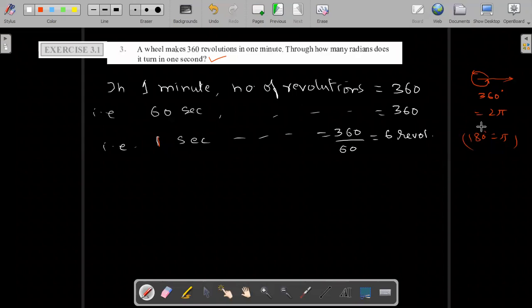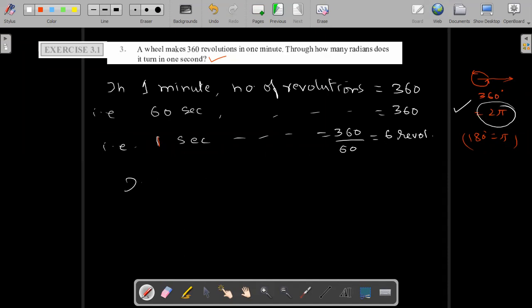If radian, you can write in degrees and then convert into radians. So it is easy because one revolution is a full revolution, making 2 pi angle in one revolution.